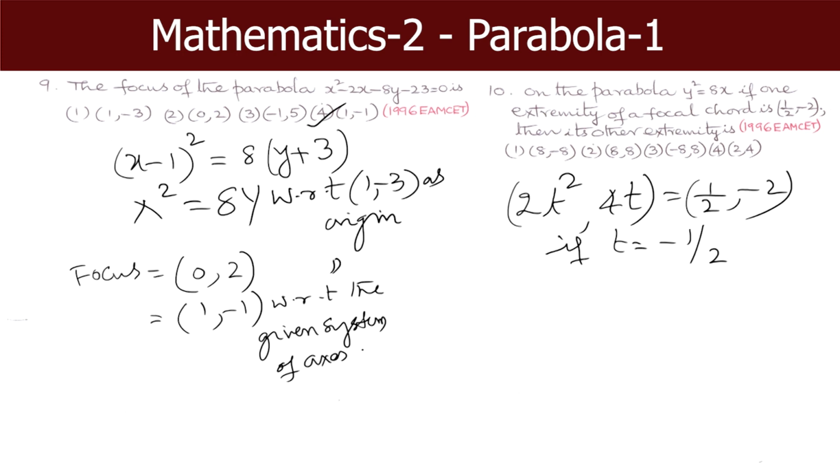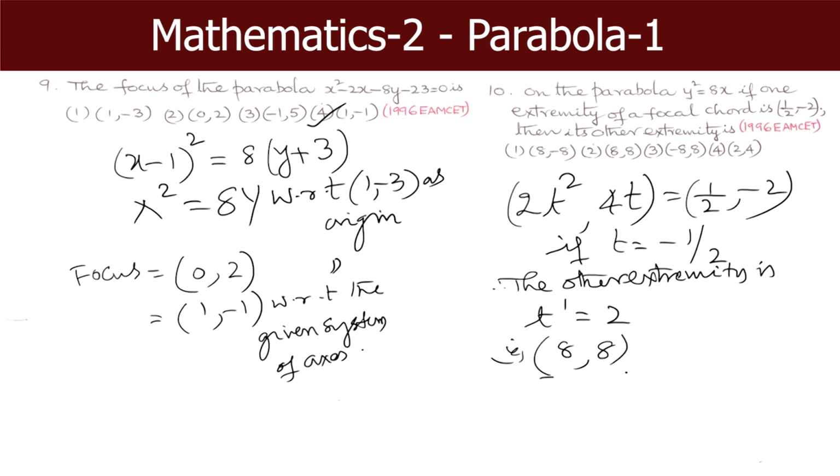For the other extremity, the product of the parameters is minus 1. Therefore, the other extremity is t dash equal to 2, because 2 into minus half is minus 1. That is at square, 2t square, that is 8, and 4t is also 8. (8, 8) is the other extremity, which is the second option.